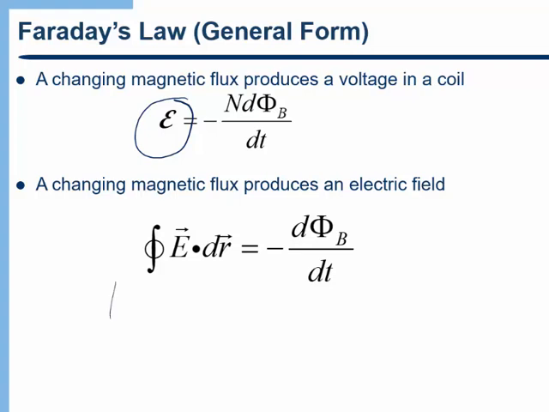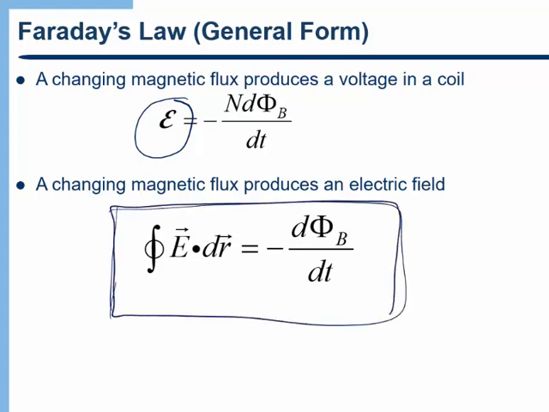And we're going to spend a lot more time talking about this in our last online course. But what this is telling you is if there's a changing magnetic flux, not only does it produce a voltage, but in an underlying way, what's really going on is it's creating an electric field. And so that's the most general way to write Faraday's law.